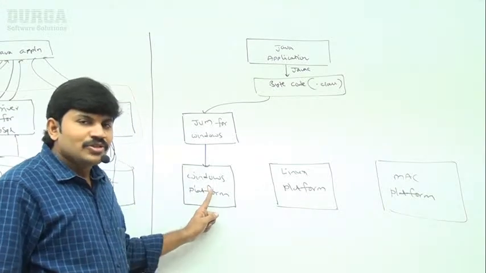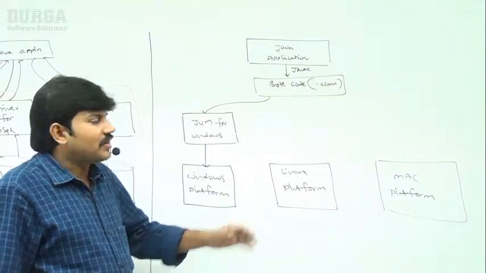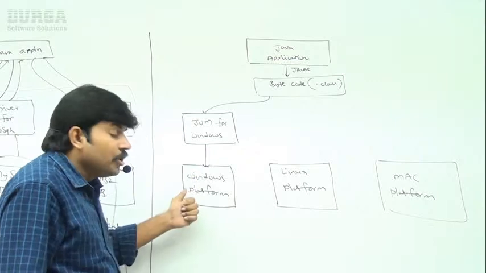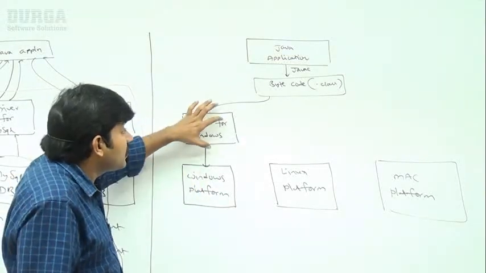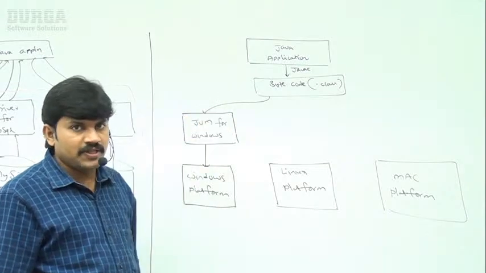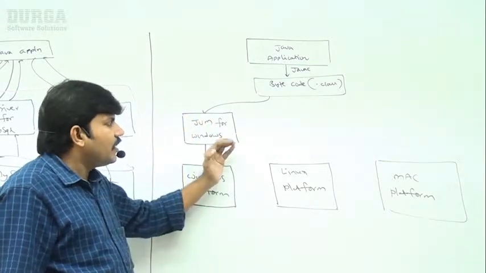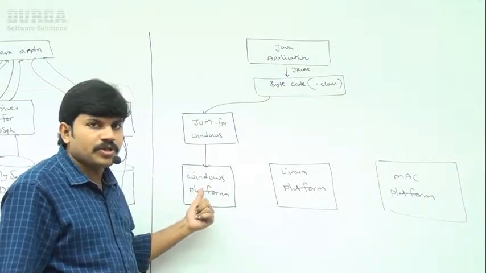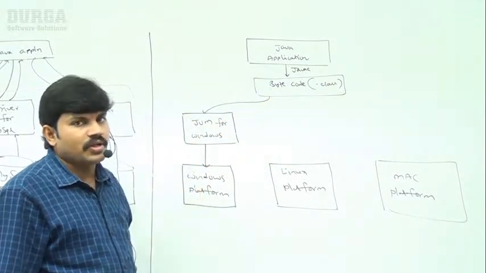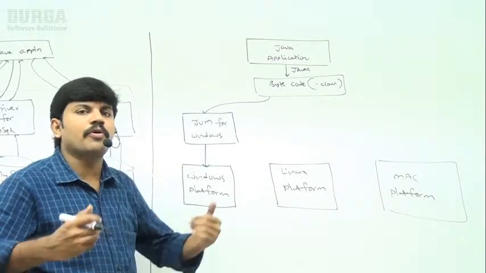So who is going to take care of converting into machine platform specific code? Yes, this JVM is responsible. The JVM converts platform independent bytecode into Windows specific code. The Windows platform can understand that, happily execute it, and provide the required result.